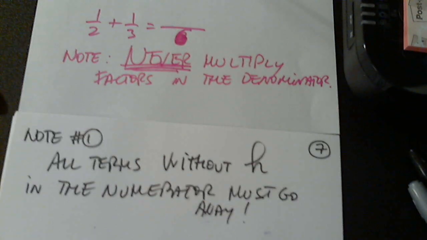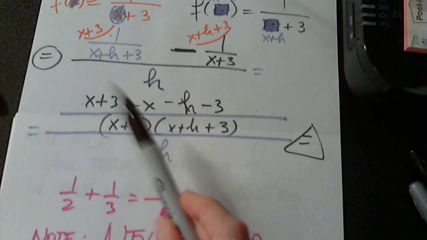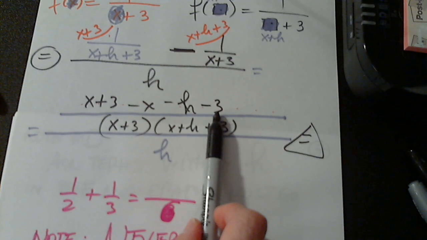If they don't, we'll say, oops, something is terribly wrong. At this point, if terms in the numerator do not have h and do not go away, we have to say oops and start from scratch.